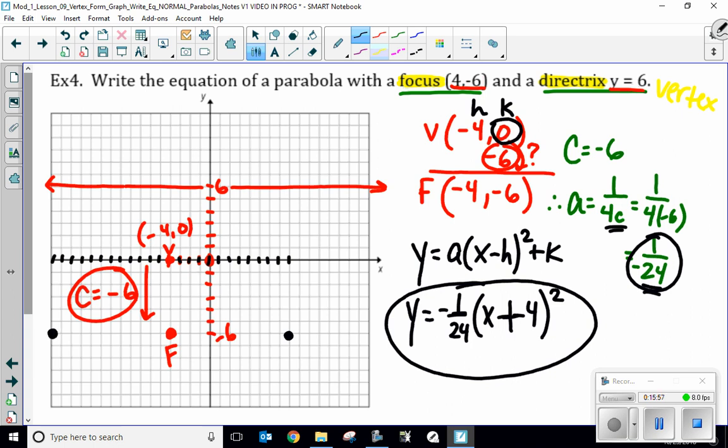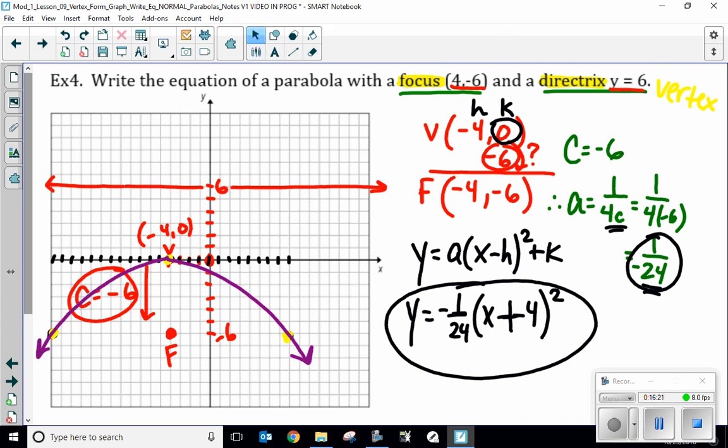I said I wasn't going to graph it, but I have the room. So I'm going from the vertex to my focal width of 24. Okay, from both those yellow dots on each side of my focus, that is a distance of 24, 12 on each side. So my parabola would actually go right through there. Wow, good work. Good work, people.